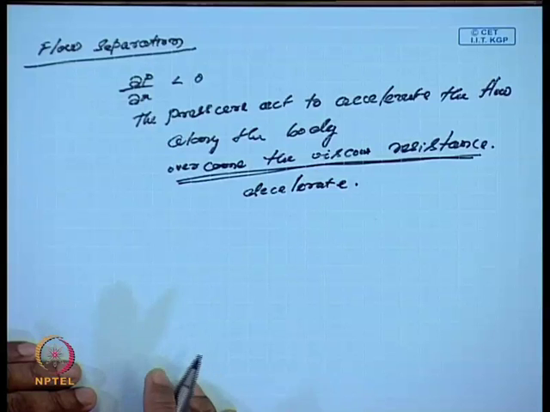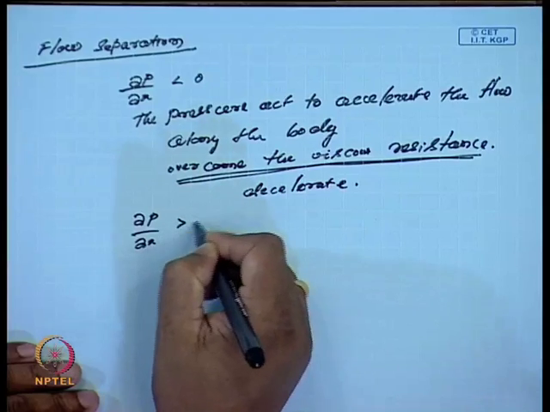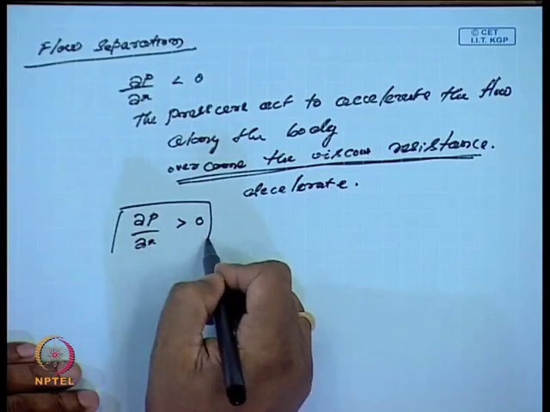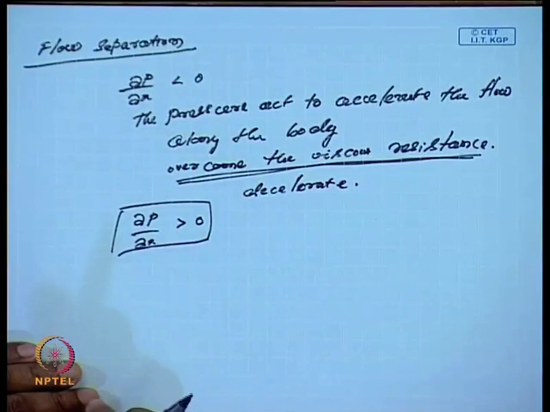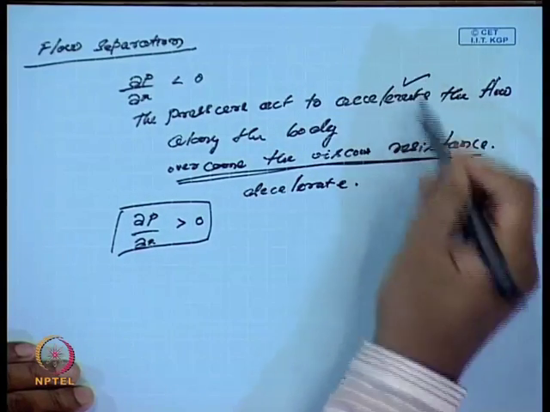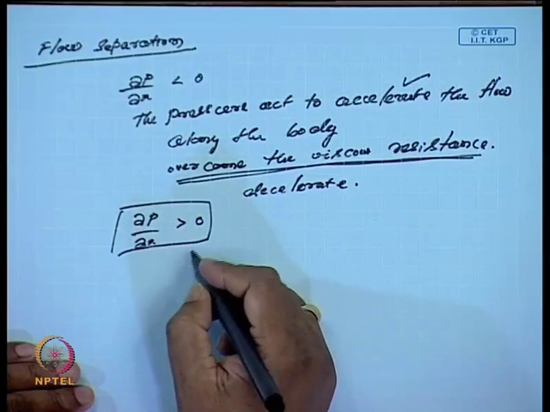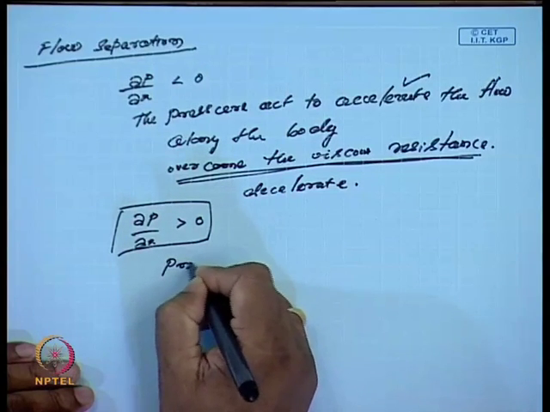On the other hand, what happens when del p by del x is greater than 0? Then the pressure gradient becomes positive. Here the pressure was acting to accelerate the flow, but when the pressure gradient is positive, the pressure will act to decelerate the flow.